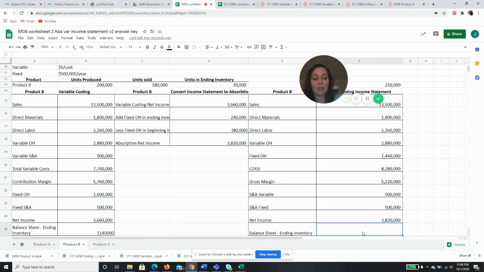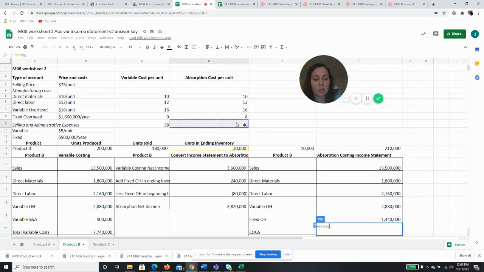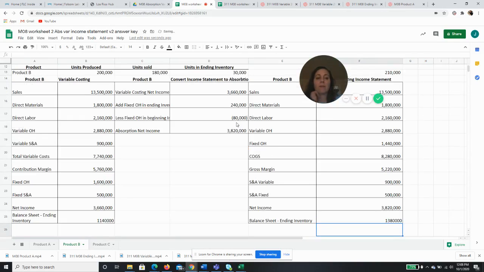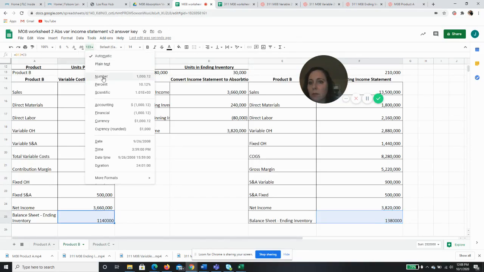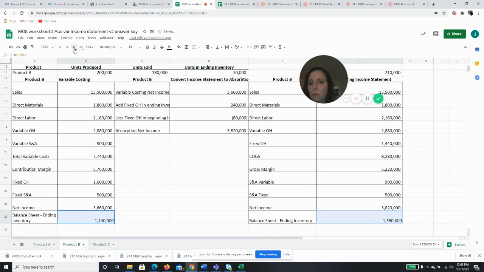So that is a good sign. It's a good way to check my work. My ending inventory is going to be the 30,000 units in ending inventory multiplied by the $46 per unit under absorption costing, which I think is going to be 1,380,000. Let me put some commas in there. Yeah, okay.